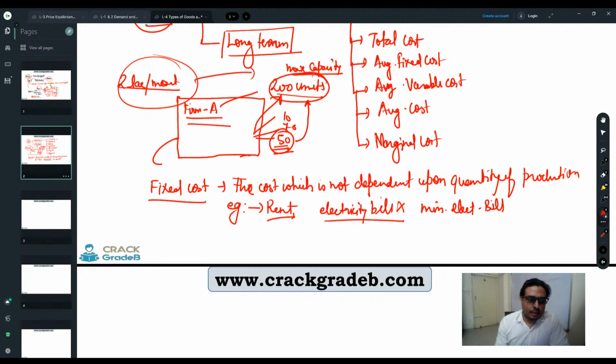So your fixed cost remains constant. Whatever the fixed cost was at 50 units, the same cost is at 200 units. So the fixed cost is not going to change. If your production is low, then fixed cost is a worrisome thing for you.